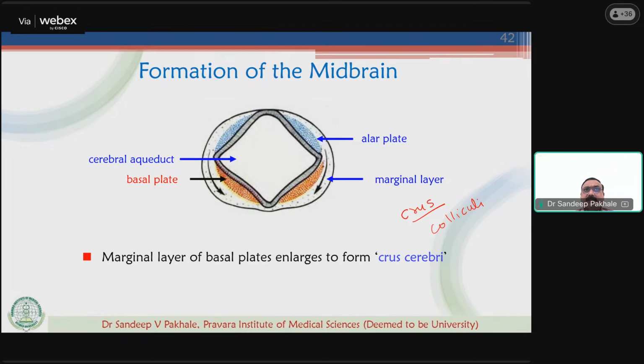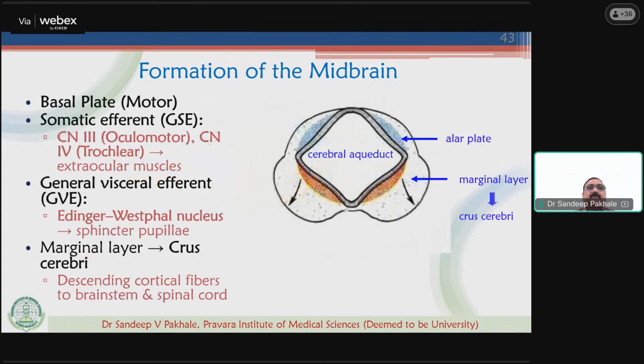The marginal layer of the basal plate enlarges to form the crus cerebri. In the mesencephalon, the basal plate forms the motor nuclei, like we have seen in the pons, medulla, and spinal cord.